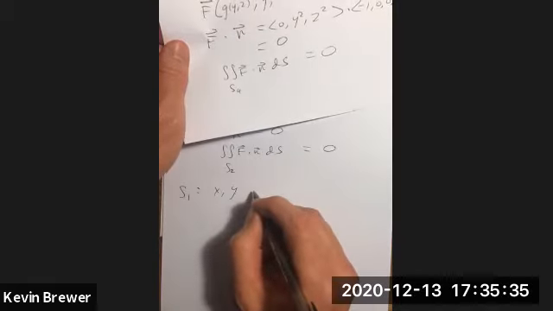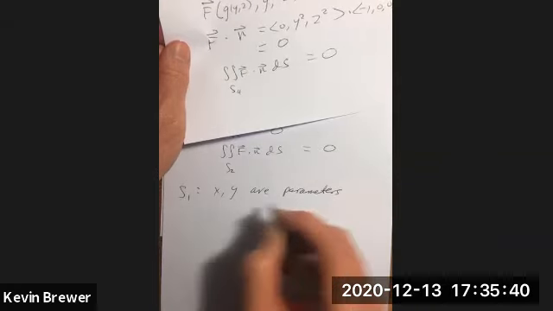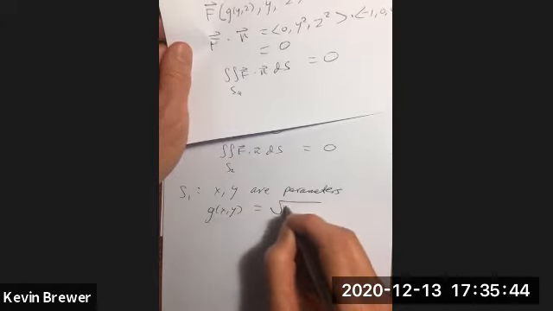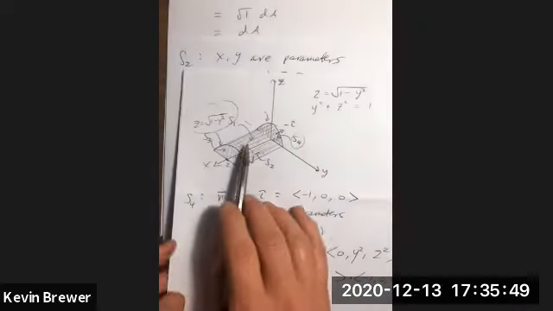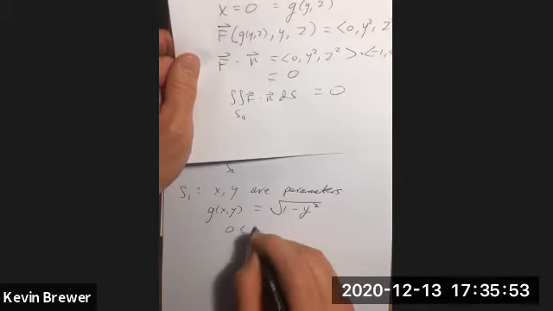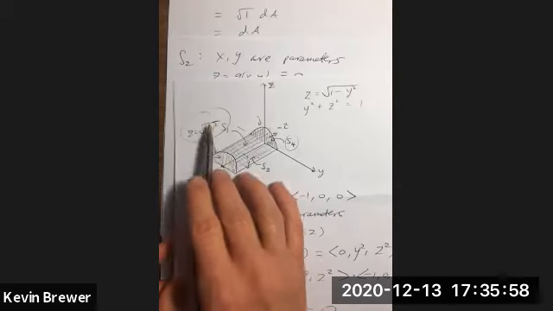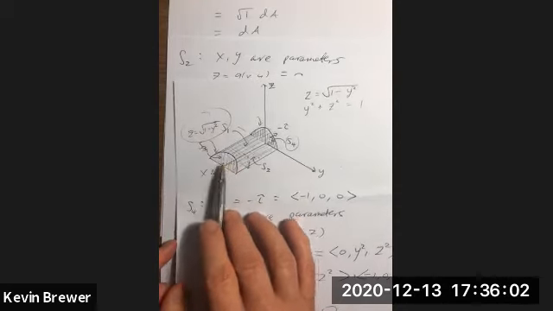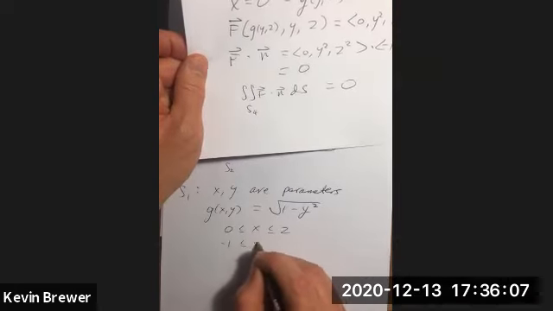So x, y are parameters. G of x, y is the square root of 1 minus y squared. And I won't be too tedious. We can tell that 0 is less than or equal to x less than or equal to 2. That part was given. Since this is the equation of a unit circle in the YZ plane, you can tell that y has to go between -1 and 1.